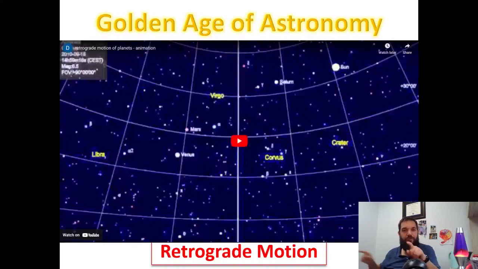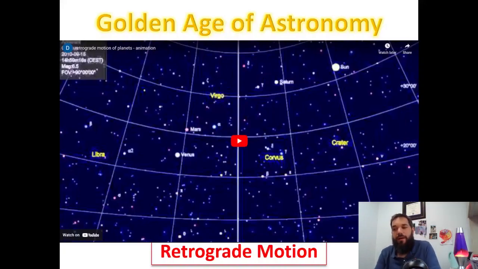So again, just amazing. Another thing I want to show you here now, and we're going to skip down to the bottom of the page here. I want to talk a little bit about retrograde motion. This was a really important thing for understanding one of the main arguments for heliocentrism and against geocentrism.